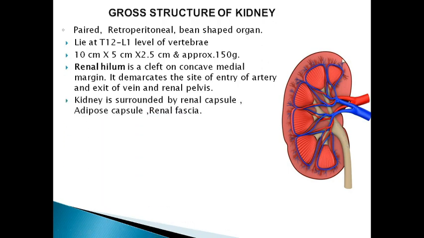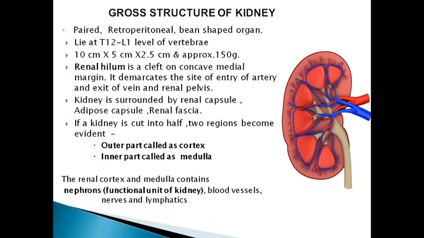Now, this kidney is surrounded by a renal capsule and also surrounded further by the adipose layer and also the renal fascia. All these things try to protect the delicate internal structures of the kidney. Now, if we cut the kidney half in a coronal section, the two parts become evident.